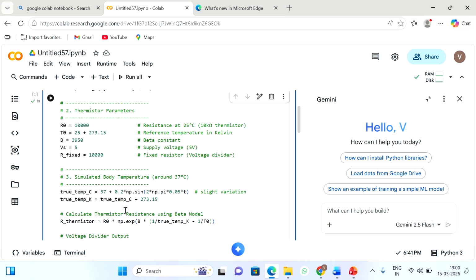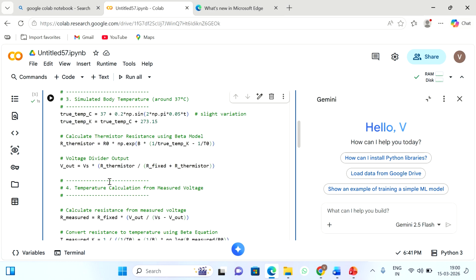Then the voltage divider, because the resistance is variable, so depending upon the resistance value, voltage will appear across it. That is why V out equal to VCC, that is the supply voltage, multiplied by R thermistor divided by R fixed plus R thermistor.